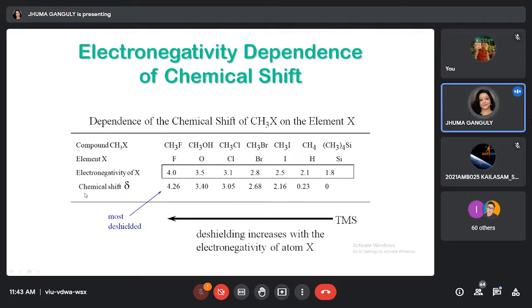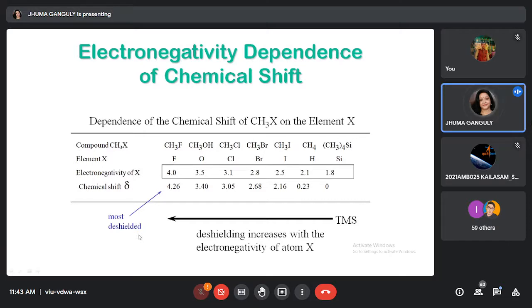Then you can see the proton value. For the 3 protons of this CH3, for the higher electronegativity we will get 4.0, after that 3.4, 3.05. So this CH3 is the most shielded proton.